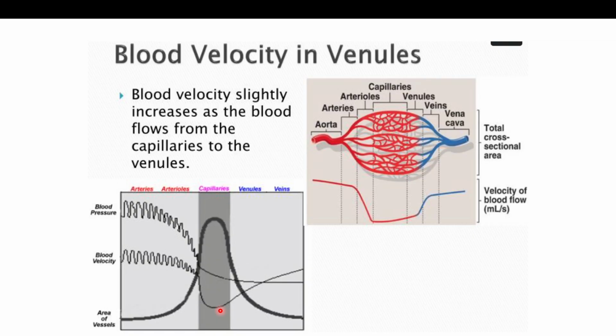It's not that all the cells are randomly gushing through the capillaries. Then when it enters the venules and eventually veins, which are thicker than venules, the blood pressure as well as the blood velocity increases a little.